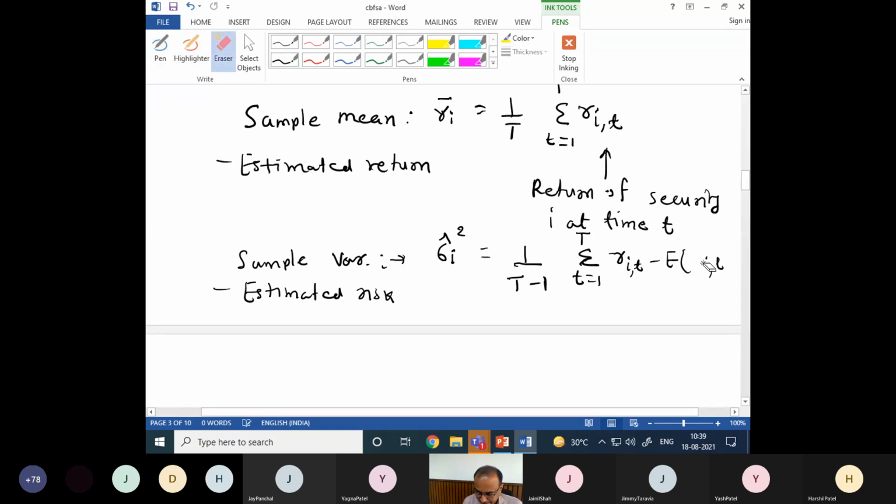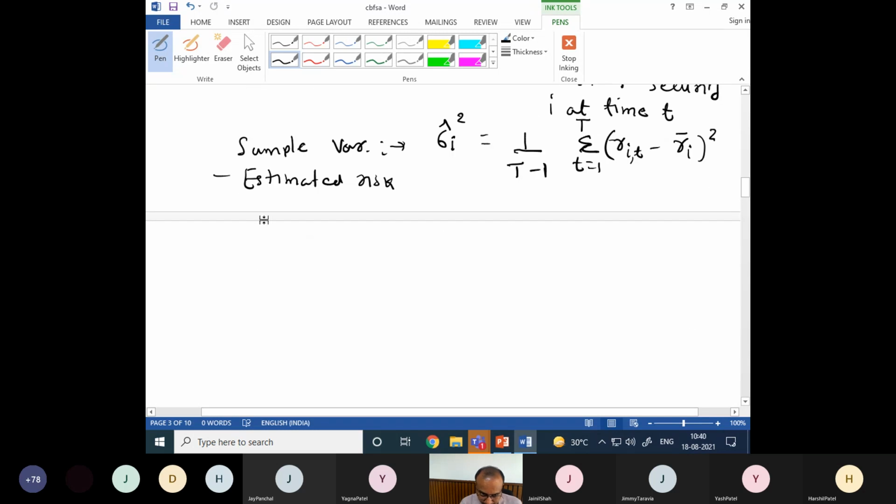So let me erase this. These equations are very common, so after some time you easily remember them. So it is sigma of (R_it minus R_i bar) whole square. Okay, then the sample covariance, which is written as sigma ij cap.